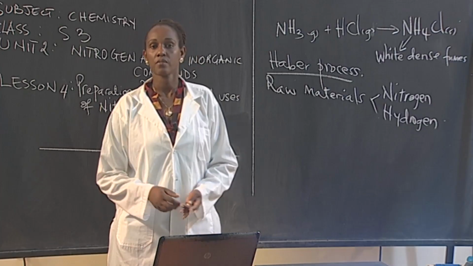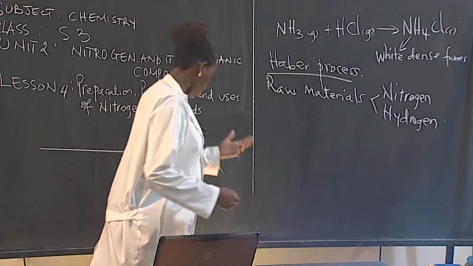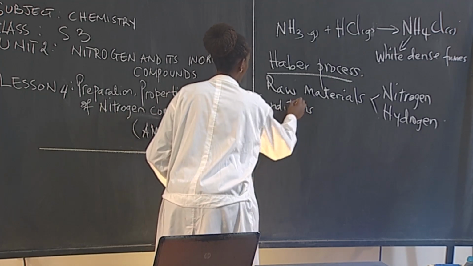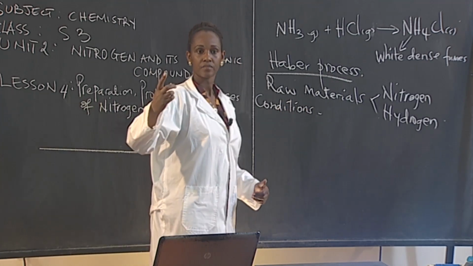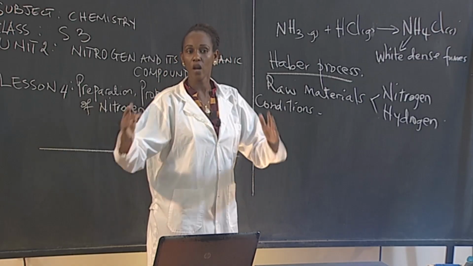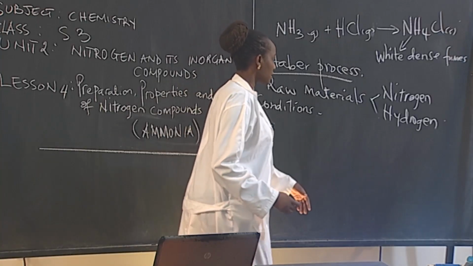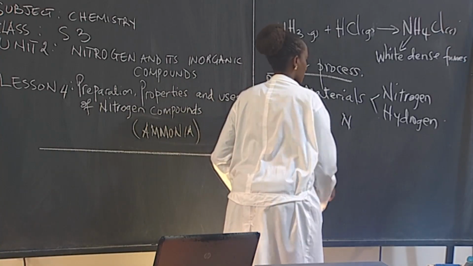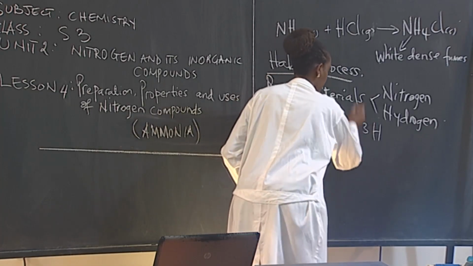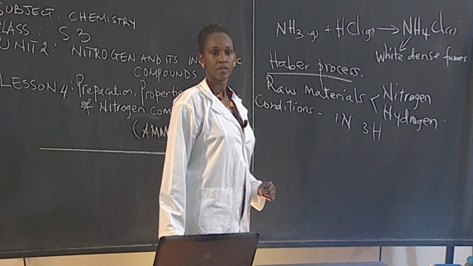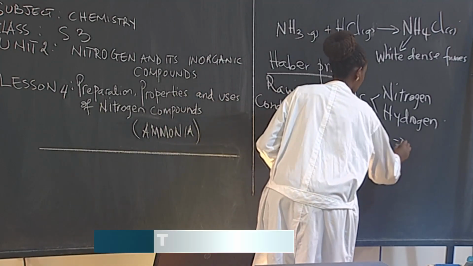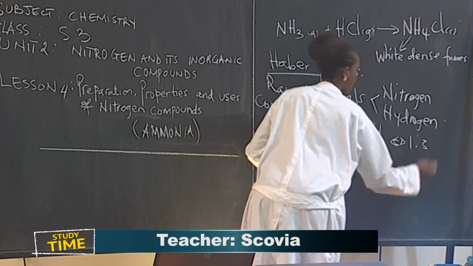What are the conditions? One, nitrogen and hydrogen should be in a ratio of 1 to 3 by volume.